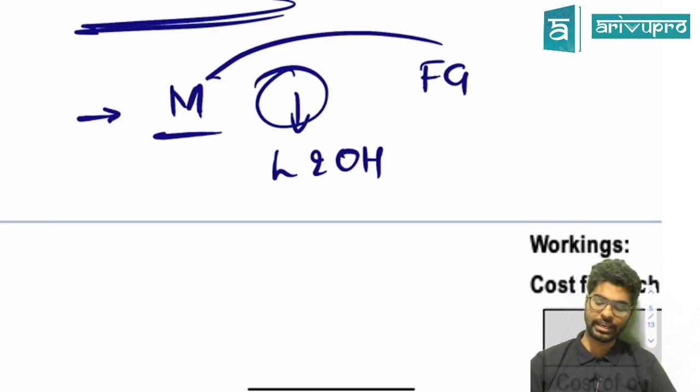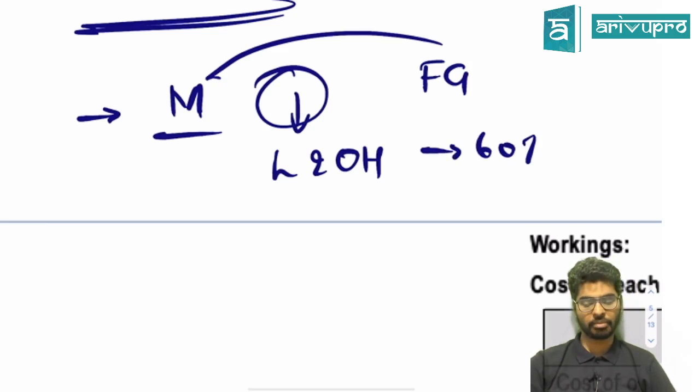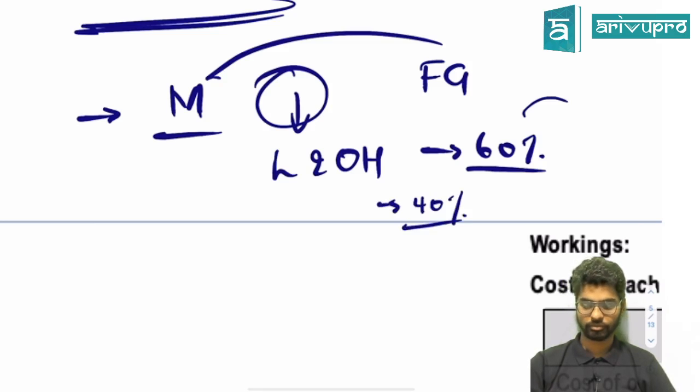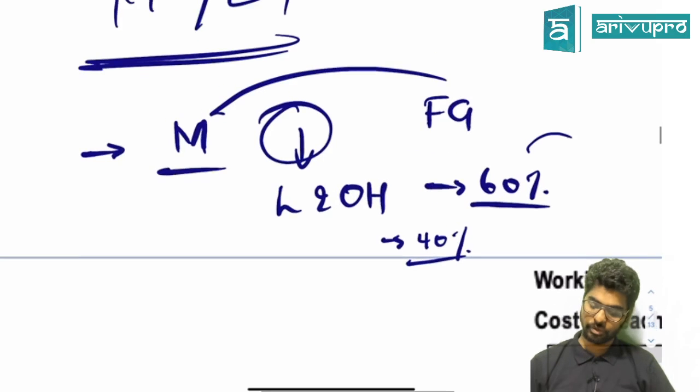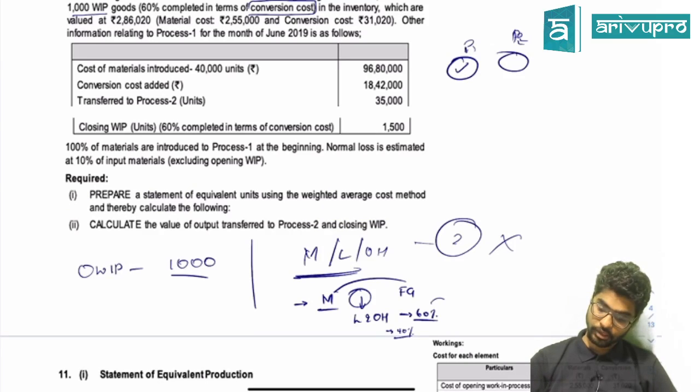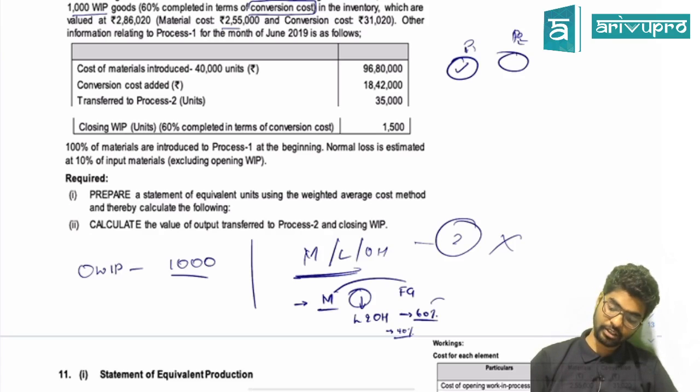So they are saying 60% was completed in the opening WIP. Therefore, this year how much will you complete? 40%. Done? Then what else have they given in the information? They have told these are valued at 288, that is material cost is 255 and the other conversion cost.